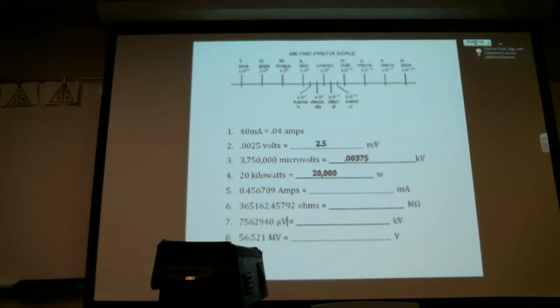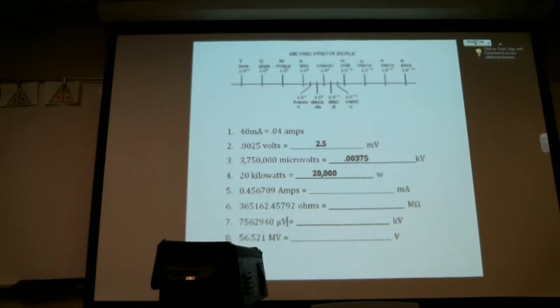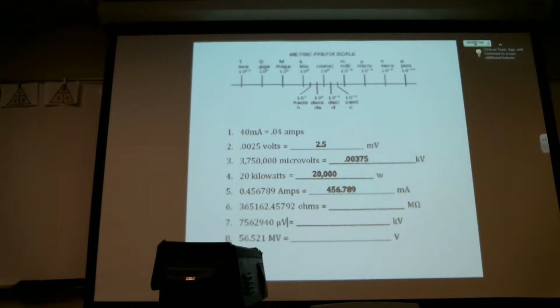10 kilowatts, the kilo K is 1,000, so it's 20,000 watts. There's a point, whatever amps, so we go milliamps, 456. The goal is to have between 1 and 3 digits to the left of the decimal, just like scientific, just like metric notation, or engineering.